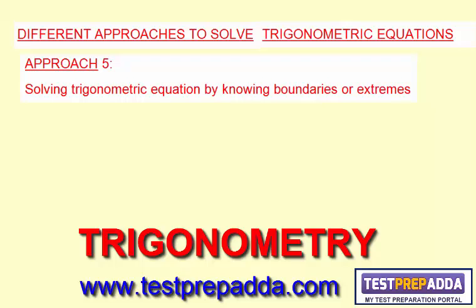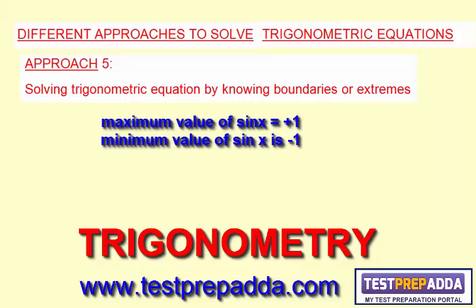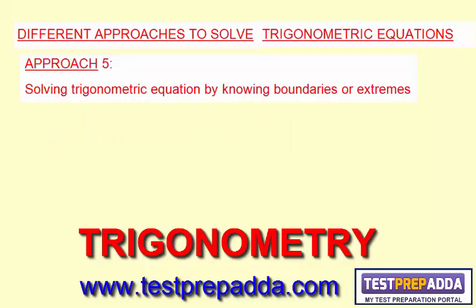For example, we know the maximum value of sin x is +1 and the minimum value of sin x is -1. So in many cases, these boundaries will help you in getting the solutions of trigonometric equations.